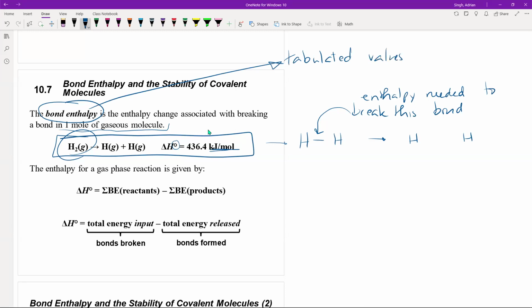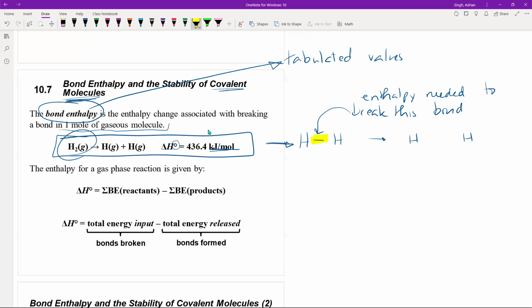So what this means is if we have a chemical reaction, and this applies specifically to your covalent molecules, where we actually have covalent bonds involved, kind of like these, we can look at the total bond enthalpy for the reactant side and the product side of that equation, and we can apply that to a very simple equation.